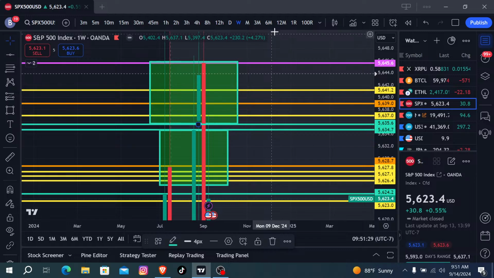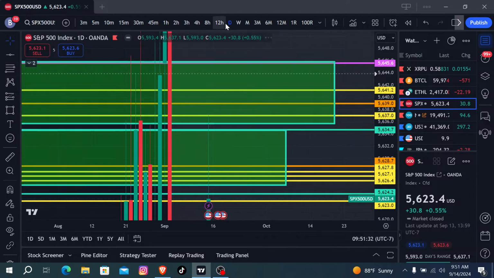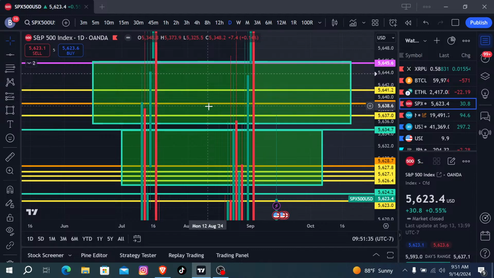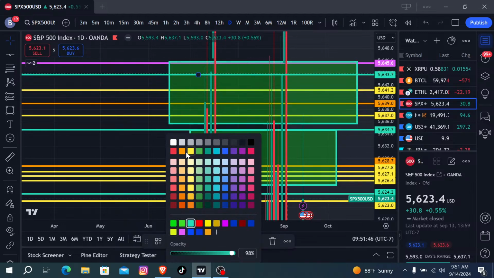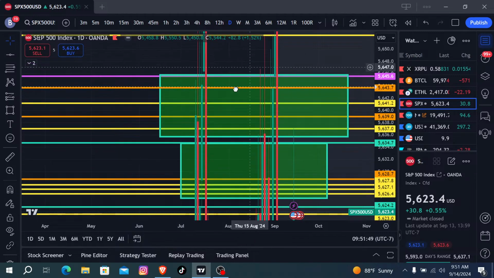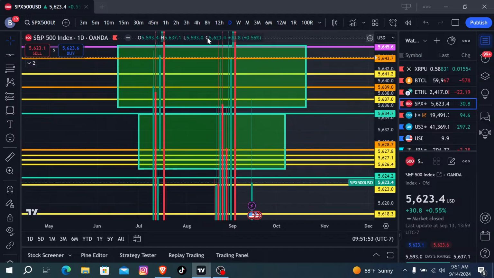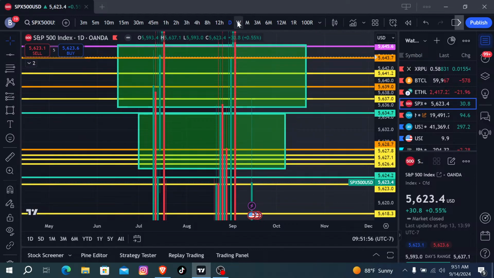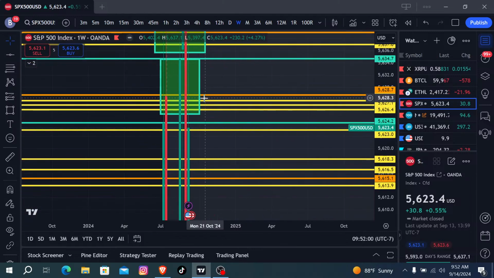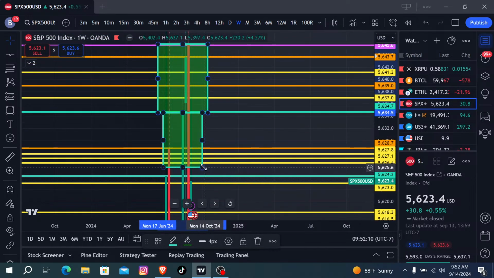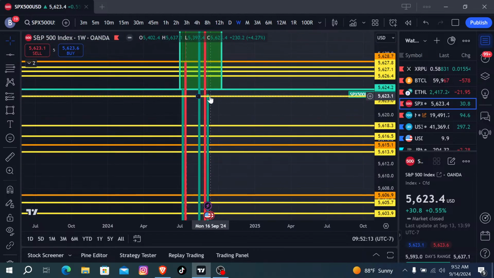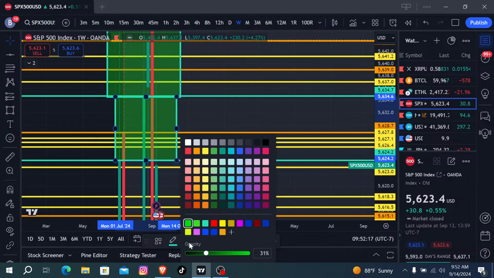So what is this one right here then? Alright, so we'll do from right here to right here, from right here to right here. And then this one will be red inside, purple.